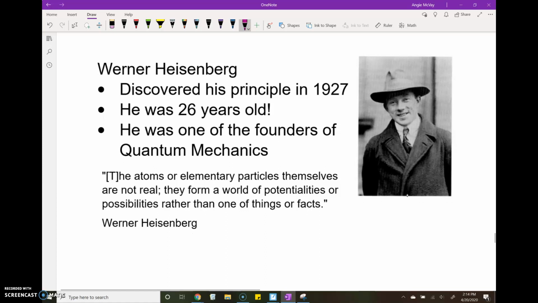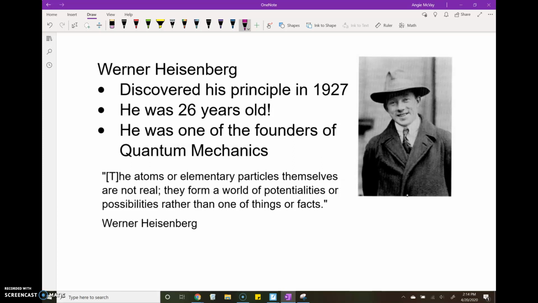Okay, so that principle was discovered by Werner von Heisenberg. He discovered this in 1927. He was 26 years old, you guys. He was one of the founders of quantum mechanics, and a famous quote from him says, "The atoms or elementary particles themselves are not real.